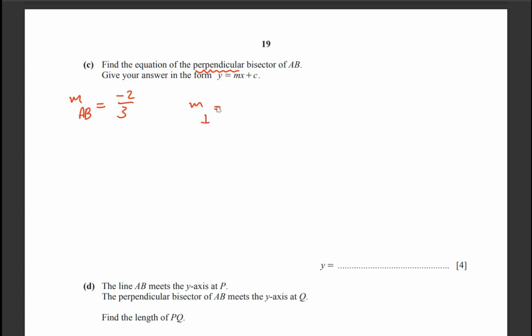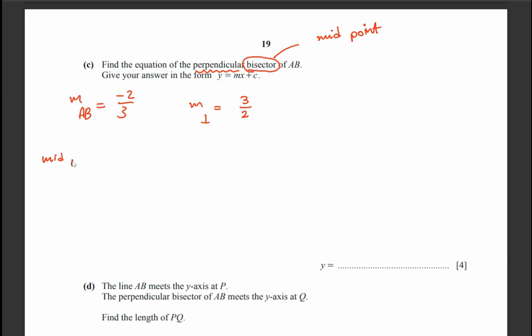Flip and switch. So when we flip, it will be 3 over 2, and switch the sign. If it is negative, make it positive, and if it is positive, make it negative. Now this is the perpendicular, but now he's not telling me to use AB, he's telling me the bisector. Bisector means I'm going to use the midpoint as the point that I'm going to work with.